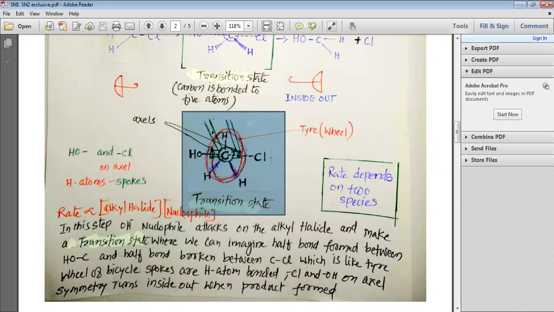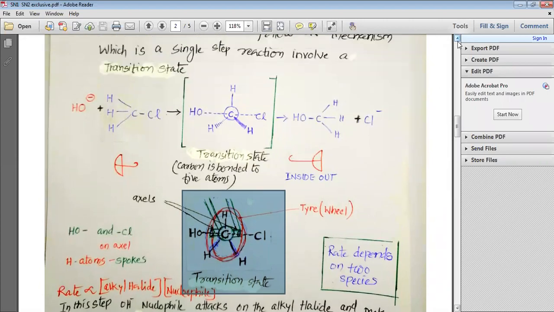Whereas the vehicle is joined with this tire with the help of the axle. This axle is available in a cylindrical formation. This cylindrical formation represents the OH and Cl. So this is how, my dear students, you can truly understand the situation of this transition state where carbon is bonded to 5 different atoms.